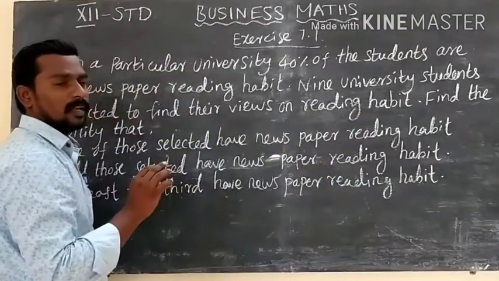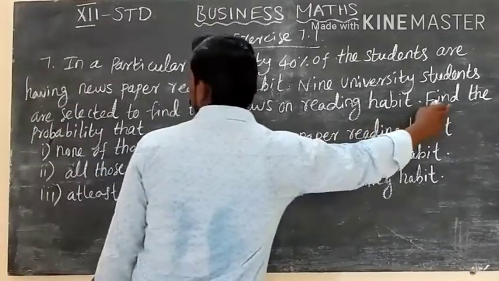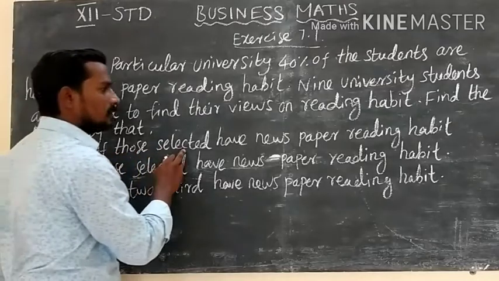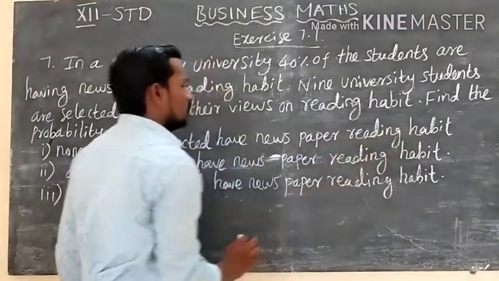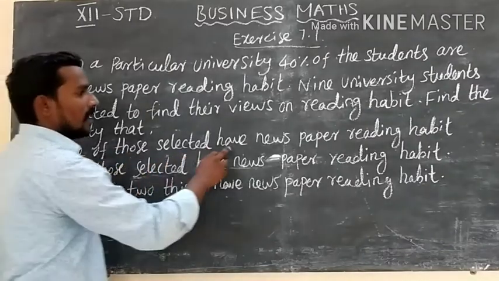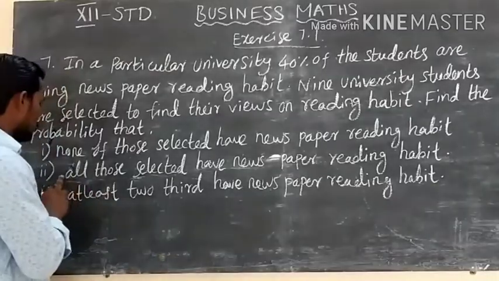So the number of students selected is 9. Find the probability that, first, none of those selected have a newspaper reading habit. None means no one selected has the habit, so x is equal to 0.